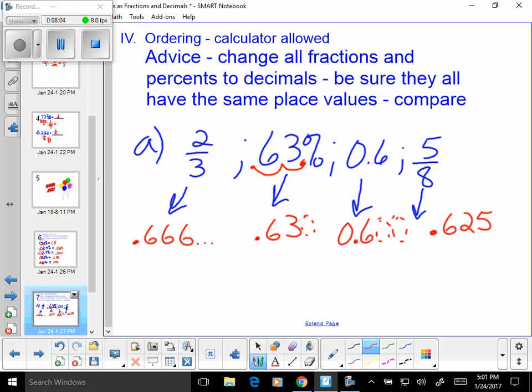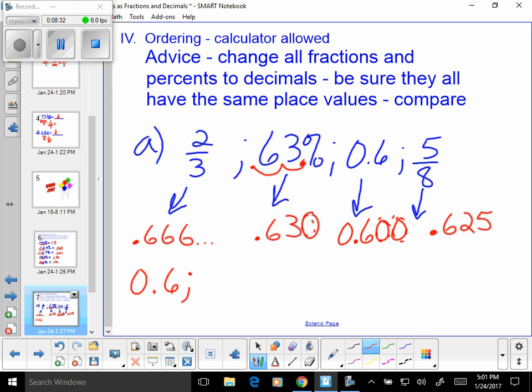If you recall, I've told you this before, if everything is out to the same places, I can ignore the decimal points and just compare the numbers. 666, 630, 600, and 625. From least to greatest, the smallest of those numbers is that 600, 0.6.